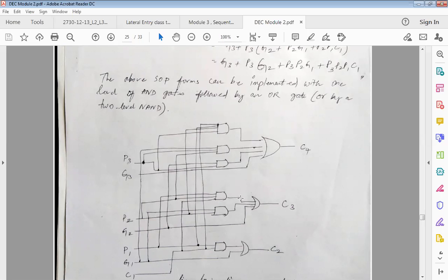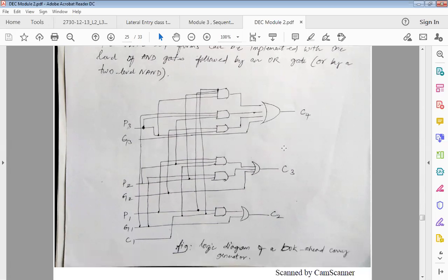So similarly, you can see that this AND gate produces the value P3, P2, P1, C1, right? All these values are given here, and finally it is added, and I get value C4. So C4, C3, and C2, all of this gets generated at the same time.